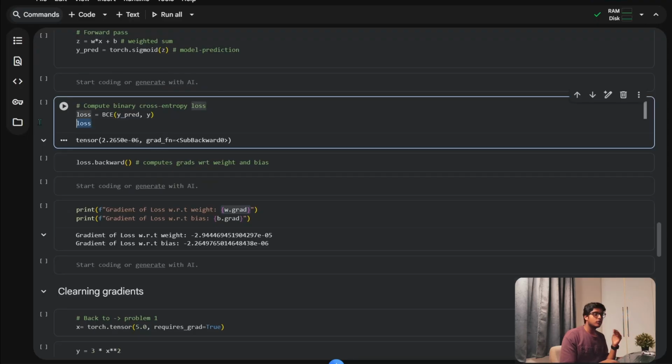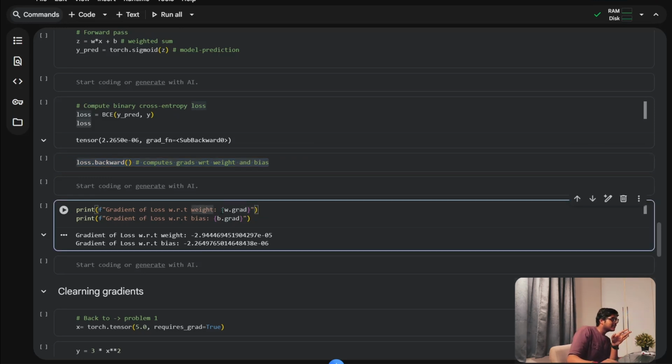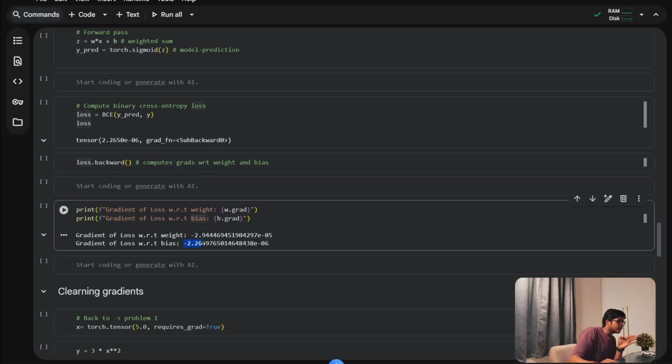And once we compute the loss, we simply call loss.backward so that it traverses the graph backwards and computes the gradients of loss with respect to our weights and biases. And we can access those gradients using w.grad and b.grad. So w.grad is the gradient of loss with respect to my weight, which is this one, and b.grad is the gradient of loss with respect to my bias, which is this one.